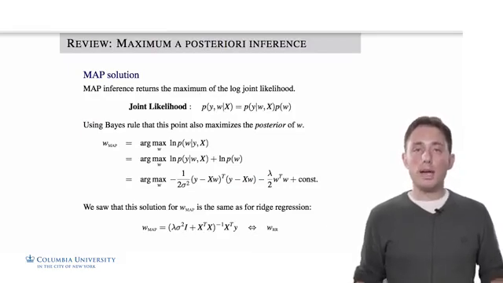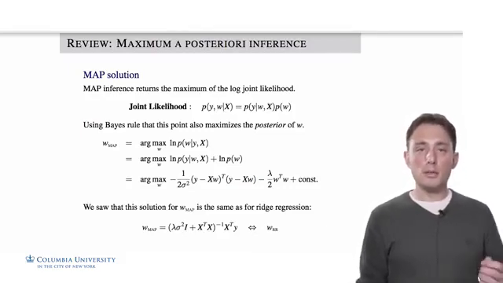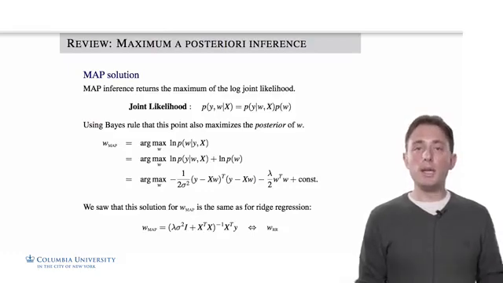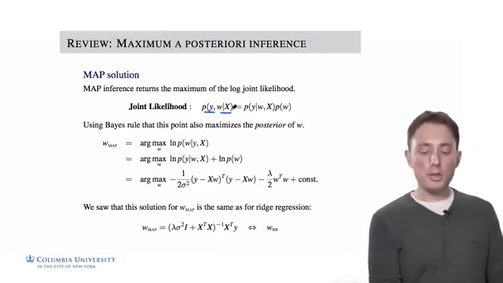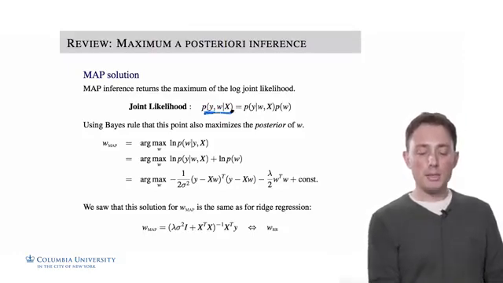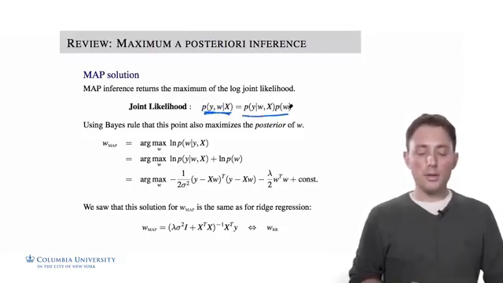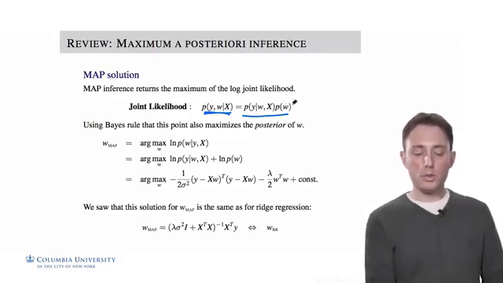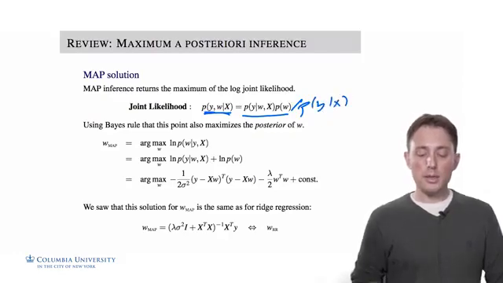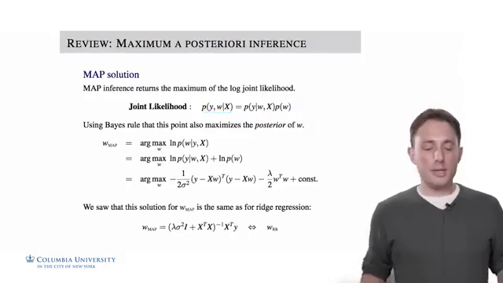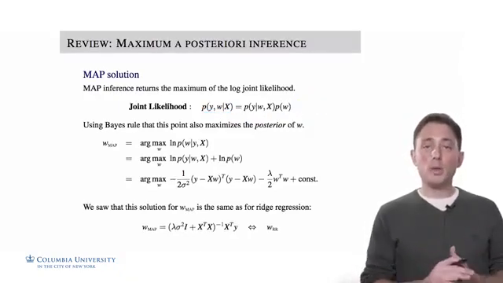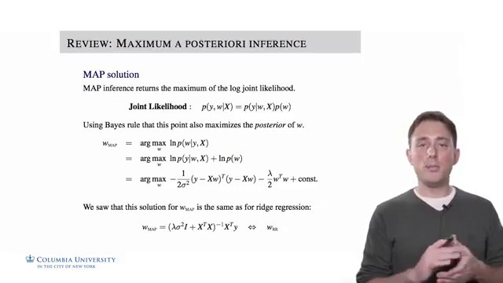And we also saw that by Bayes' rule, we can eliminate the normalizing constant, so we can equivalently say that we want to return the value of w that maximizes the joint likelihood of the data and the model variable, both of which we know. So again, I was able to get rid of this term previously because it didn't actually impact the location of the maximum.